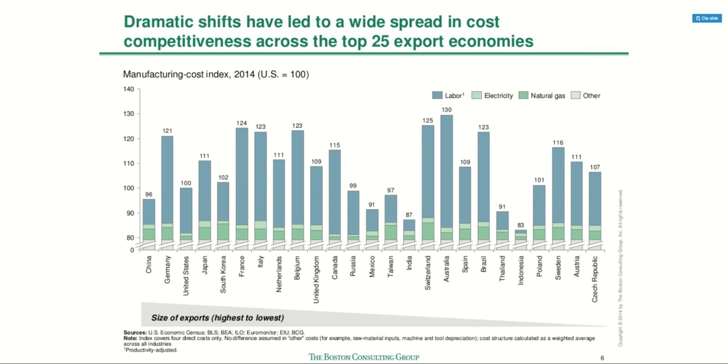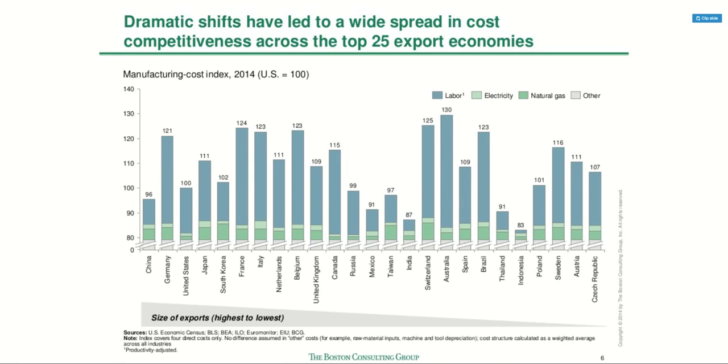Okay, so dramatic shifts have led to a widespread in cost competitiveness across the top 25 export economies. So this is our takeaway. Because of these dramatic shifts, there's a huge difference in cost competitiveness across the top 25 export economies.